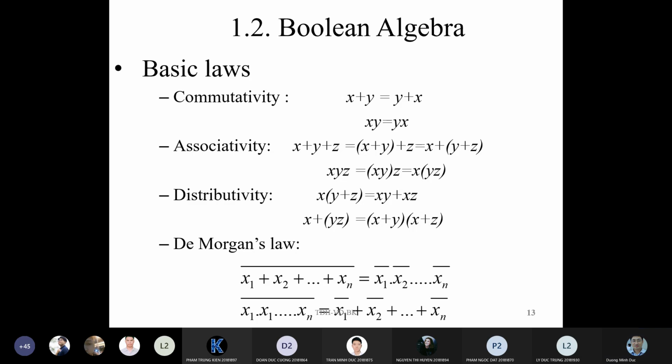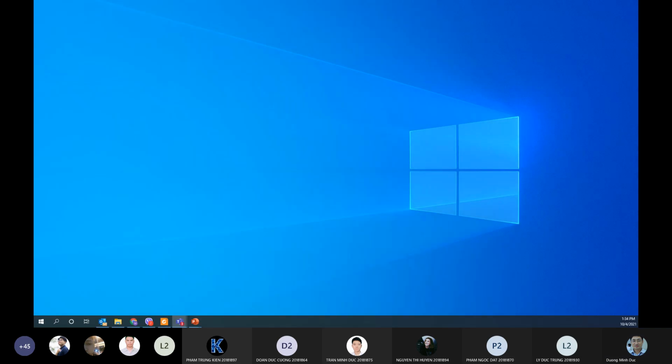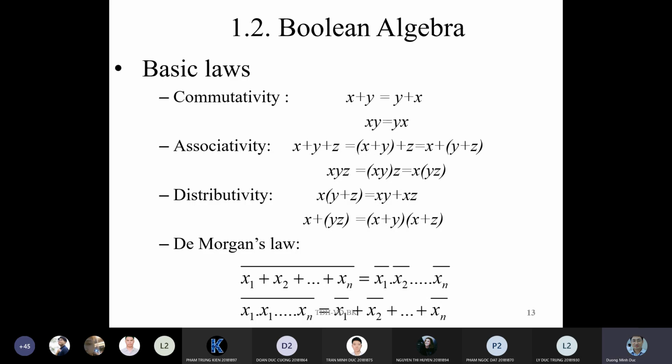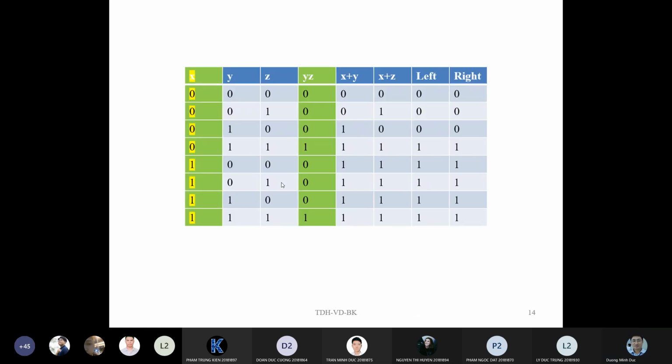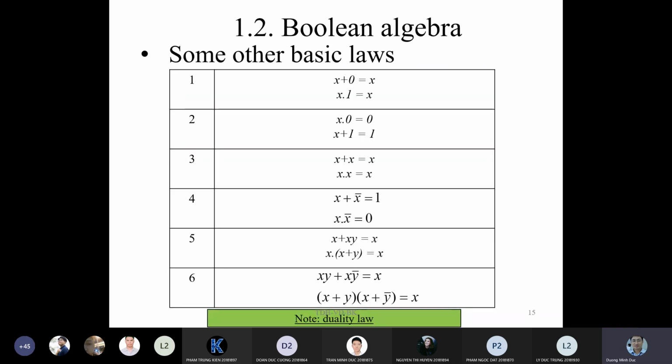Next, we go to other basic laws that we usually meet when we make the simplification of a logical function.